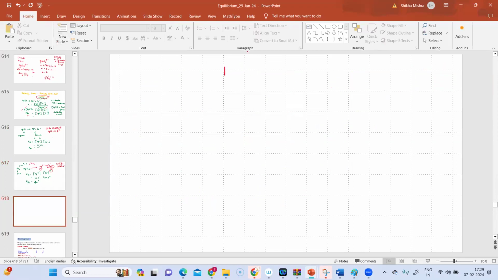Then similarly, if we have a compound like this, let's say AB3, what this can be? It can be, let's say, AlCl3. It will dissociate to give us aluminum ions and three chloride ions, right?